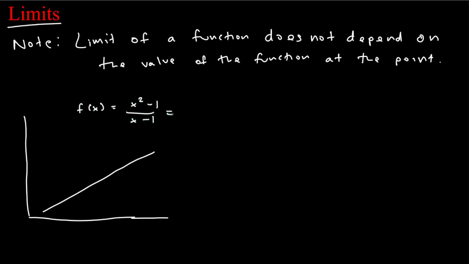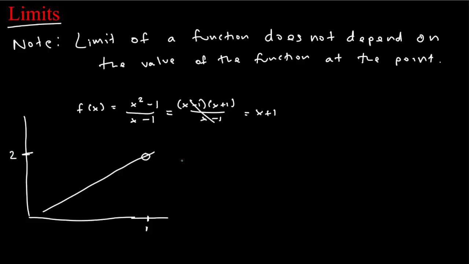Now, clearly this is the same as x minus 1 times x plus 1 over x minus 1, right? So these two cancel, you get x plus 1, right? But it's not defined at 1, right? Because the original function has x minus 1 in the denominator, so that open circle means it's not defined there. And then this will be 2.